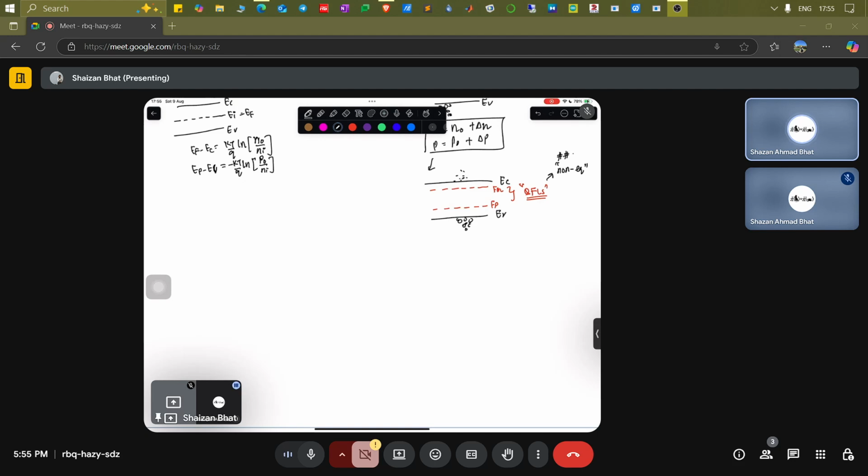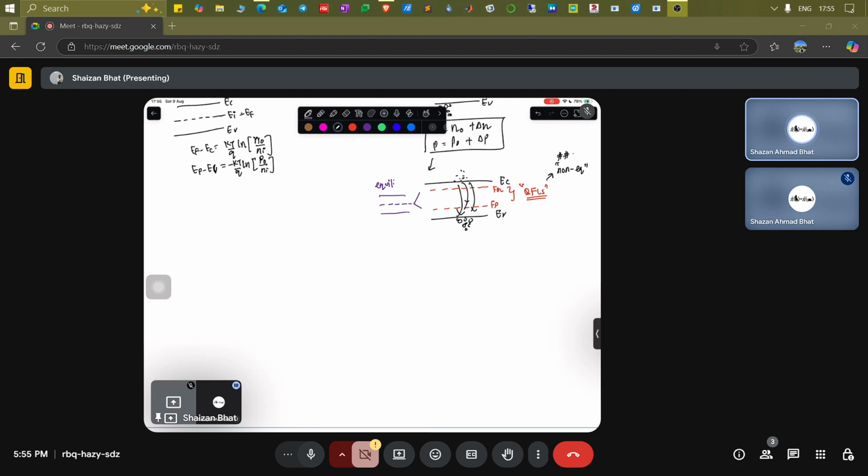This is a totally non-equilibrium situation. Once these electron-hole pairs recombine, both Fermi levels combine together and form a single Fermi level, and it will be back to a usual intrinsic semiconductor, back to the equilibrium condition. That is how it goes whenever light is shined over it.